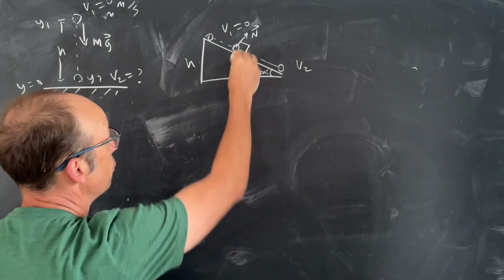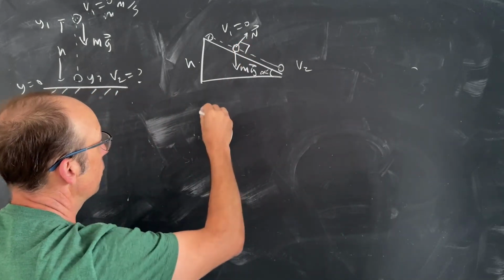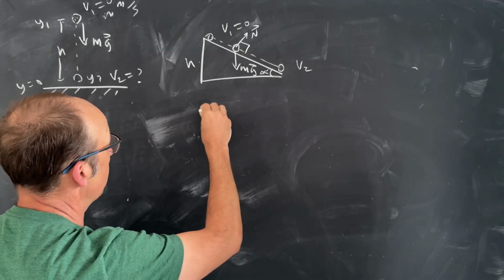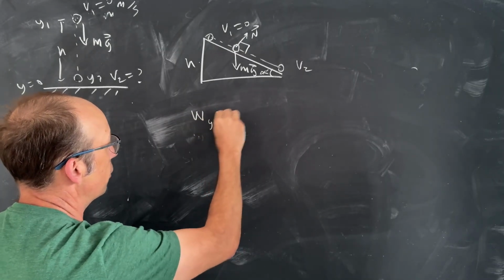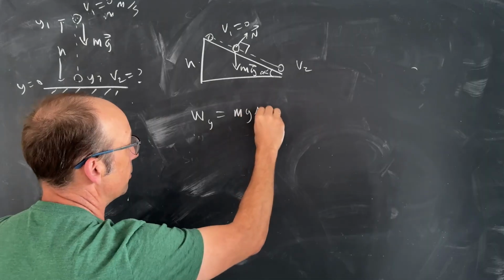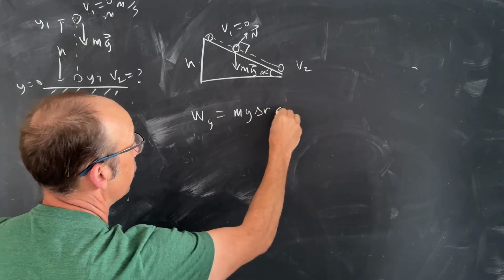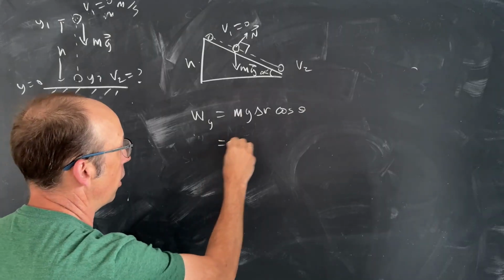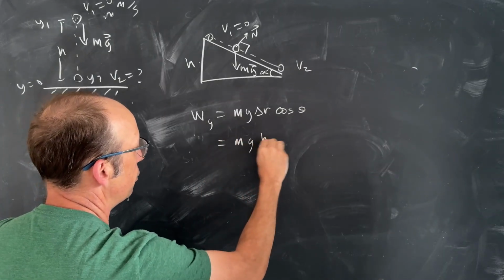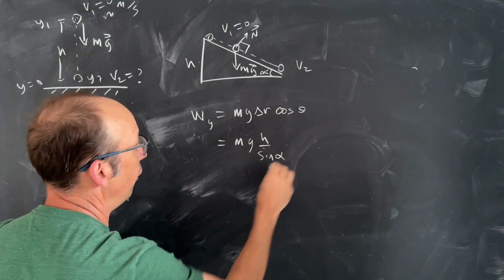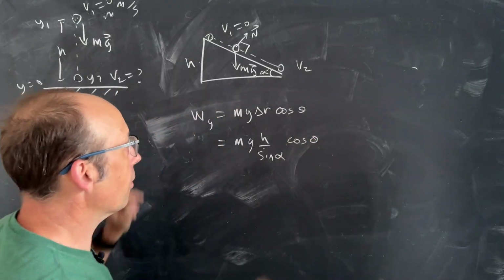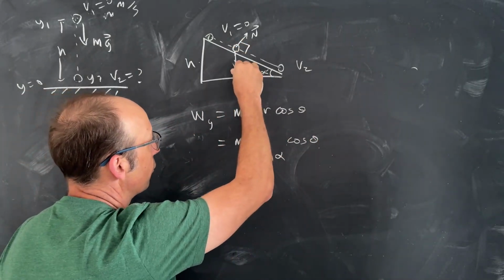That's good. Now we can find the work done by the gravitational force. So here I do need something. Work done by gravity is going to be the gravitational force times delta R times cosine of theta. So I know mg, I just found delta R, so it's mgh over sine of alpha times cosine of theta. Now here I have a right triangle.